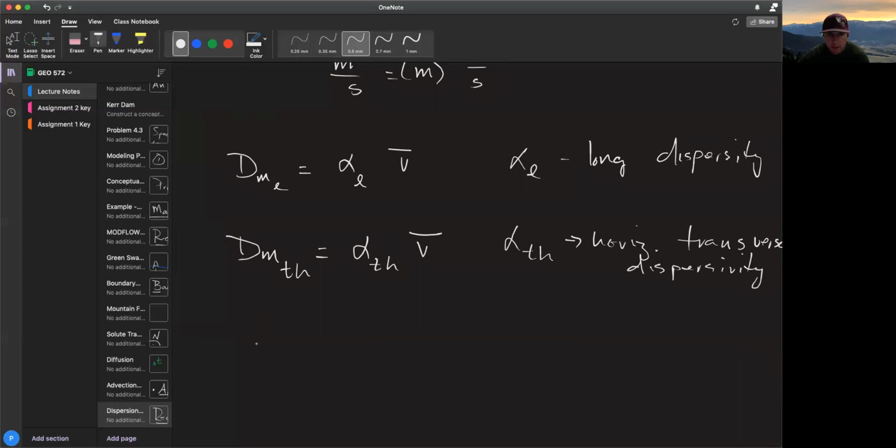And DM TV is equal to alpha TV times V bar. Alpha TV is the vertical transverse dispersivity.